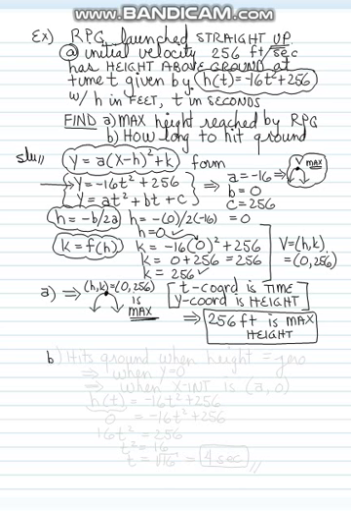Part B: when does it hit the ground? Well, it hits the ground when the height, h of t, is equal to 0, obviously. So that implies it hits the ground when the y-coordinate is equal to 0.